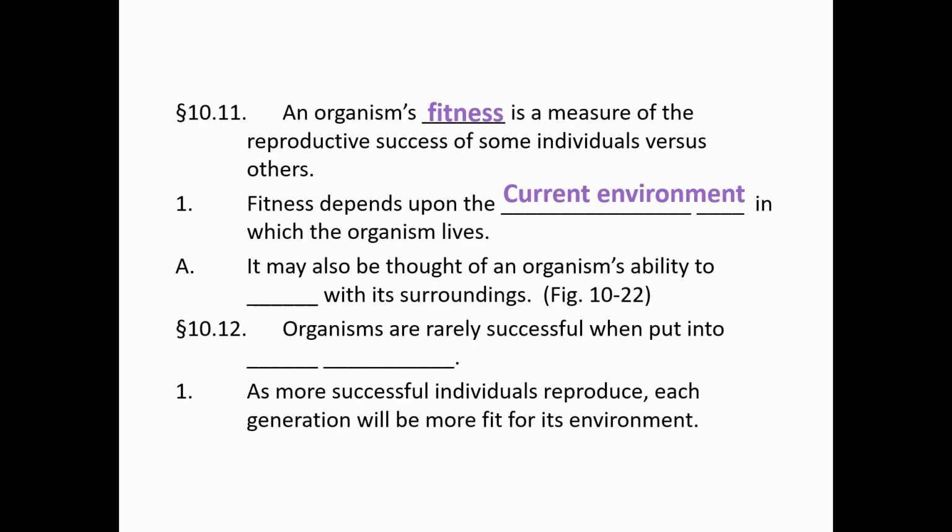But if something happens and maybe a fire burns through or lava flows through and now the rocks are all dark, almost black, then having light brown fur is a problem. And anyone who has darker fur now has the benefit, right? They're going to be a better fit for the environment. And so they'll live longer and they'll have more babies. So it depends on the current conditions.